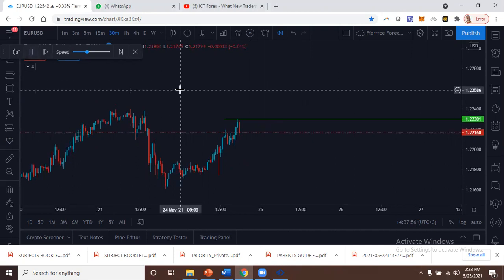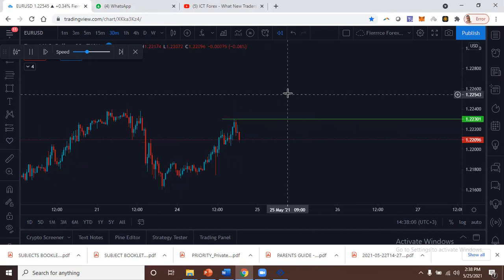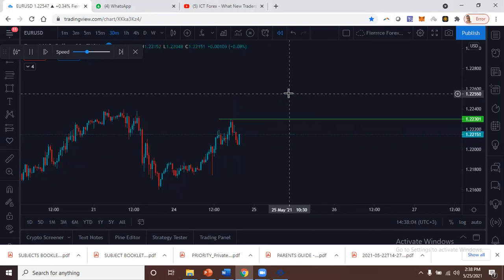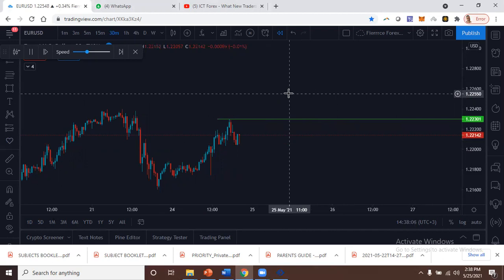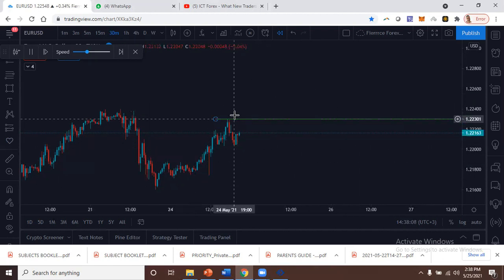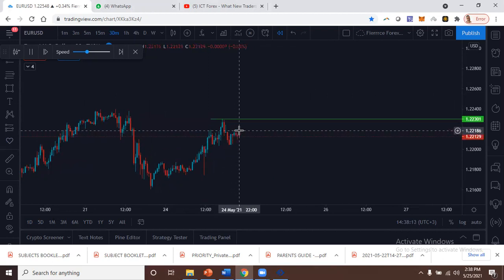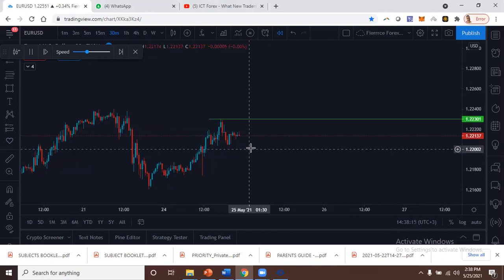So let me look at it and see what happens. Okay, so it's scaled a bit lower. Okay, now we've retested. So we've rallied, retested. We've tried to retest this high, but it's not yet gotten there.